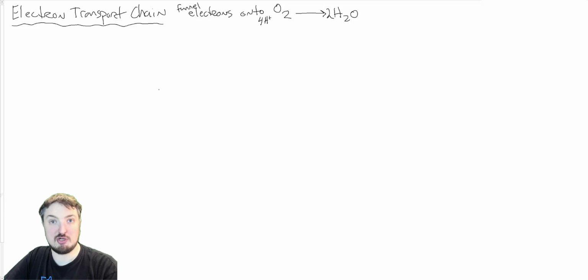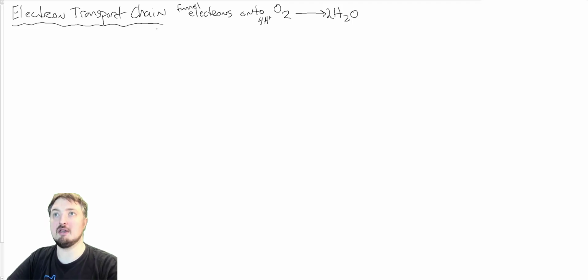The other one was CO2, which we saw formed in the pentose phosphate pathway and in the Krebs cycle, among other places. The electron transport chain happens on the inner mitochondrial membrane.